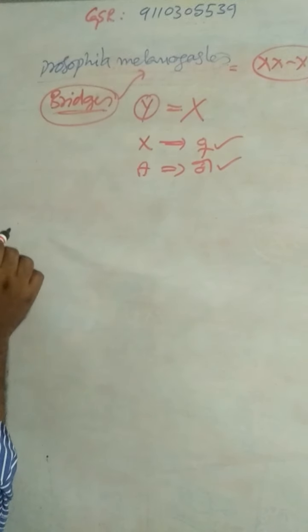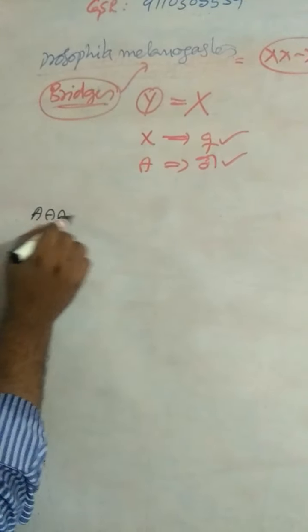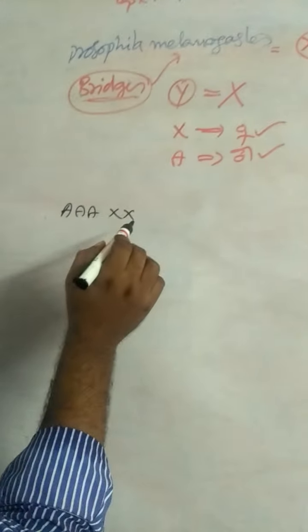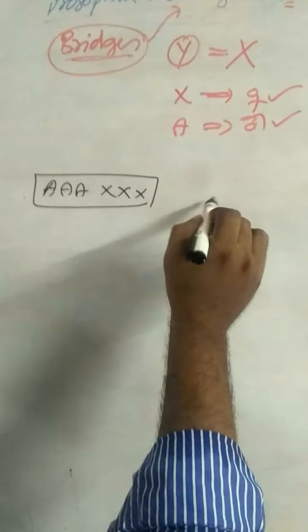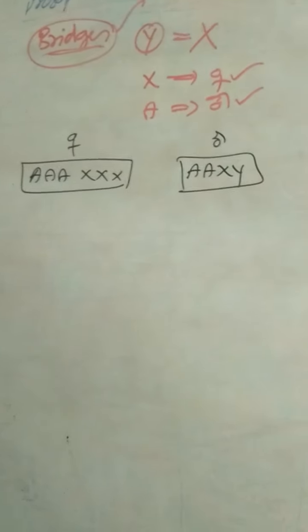Bridges crossed a triploid female with a normal male. The normal male has two sets of autosomes and XY.